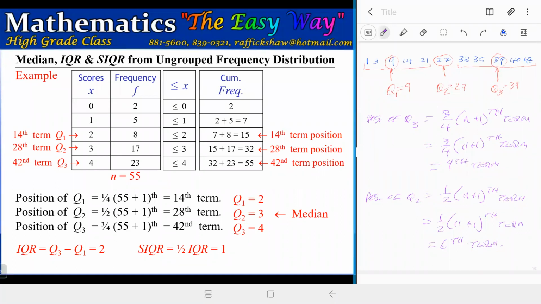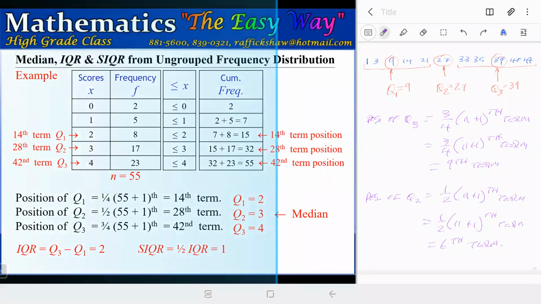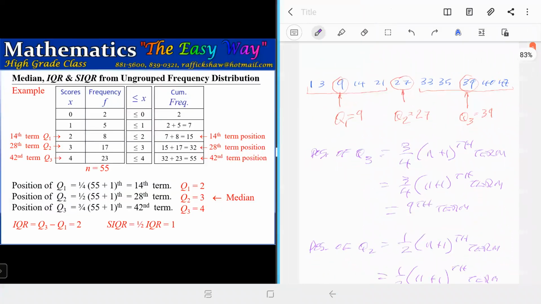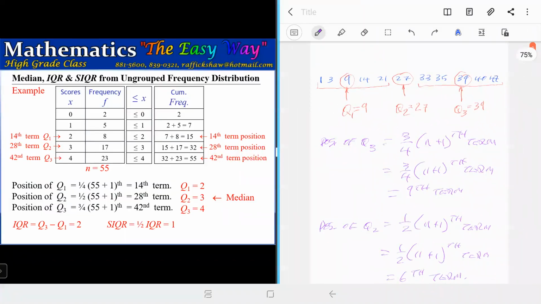So when they set grouped data and you want to find the quartiles, you have to draw a cumulative frequency curve. You don't calculate it when the data is grouped. The way you do things is different. When the data was raw over here, we found the quartiles just by how they are positioned, by observation.